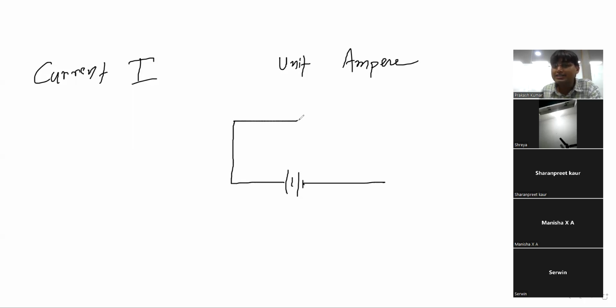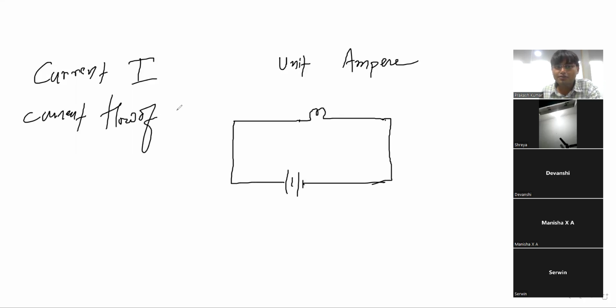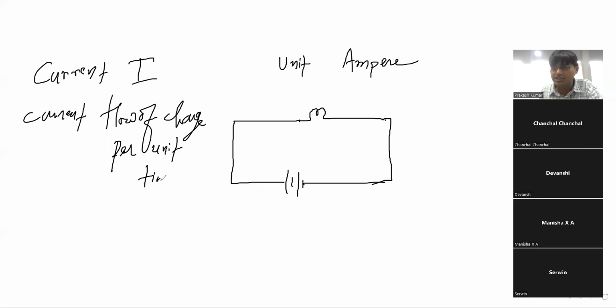So in our circuit, what exactly flows? Volt and current. We say that current is the flow of charge per unit time. We say this definition.